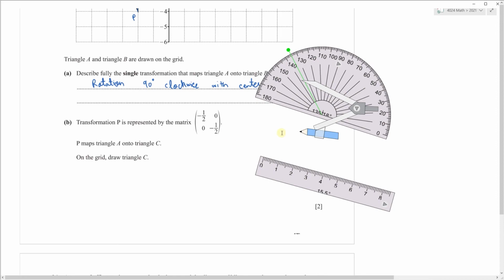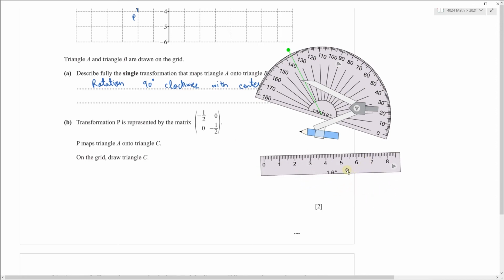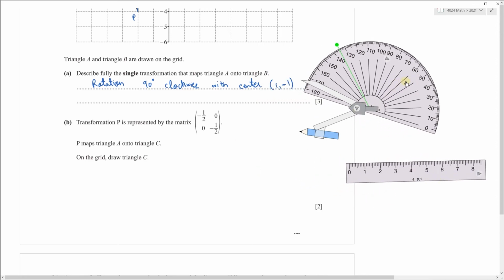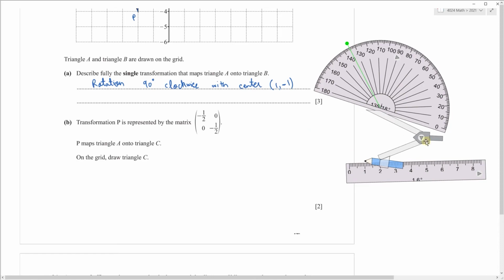Part B is, let me get these out of the way first. Part B: transformation P is represented by this matrix. P maps triangle A onto triangle C. So C is the triangle that we get if we apply transformation P onto triangle A. P is given by this matrix, minus 1 by 2, 0, 0, 1 by 2.